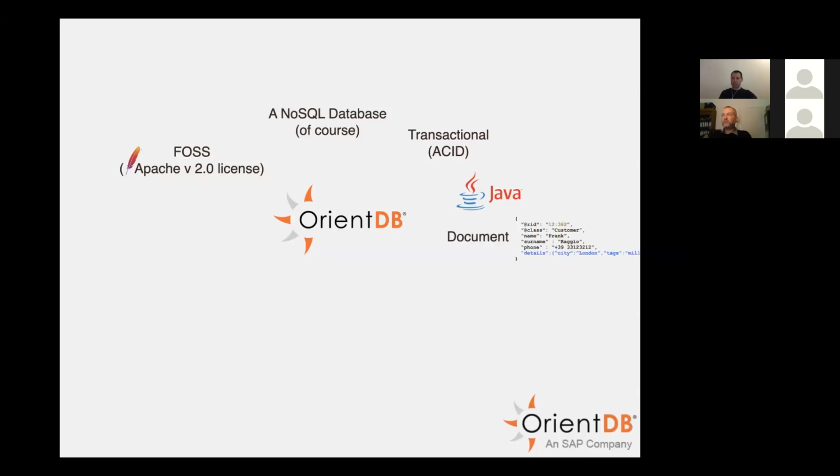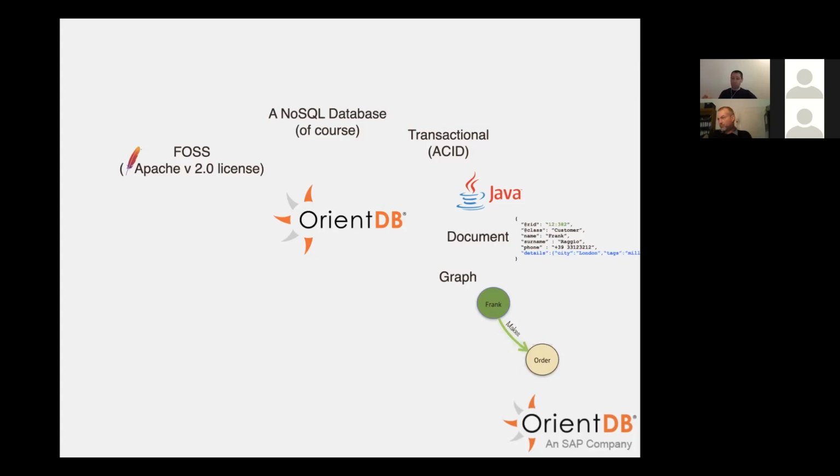It's a document database. So every record in OrientDB is a document, an unstructured document that is like a map with nested properties. We'll go deeper in detail about that. It's also a graph database. That means that the document in OrientDB can also be a vertex, or it can be an edge.